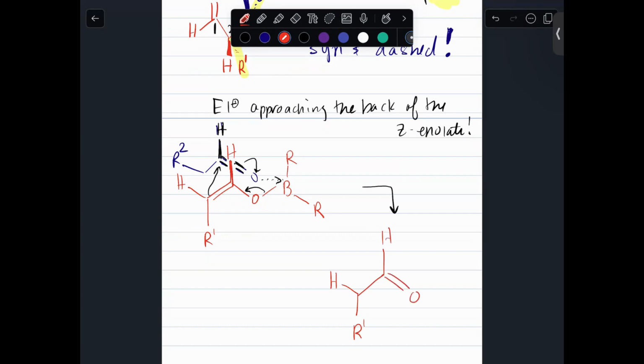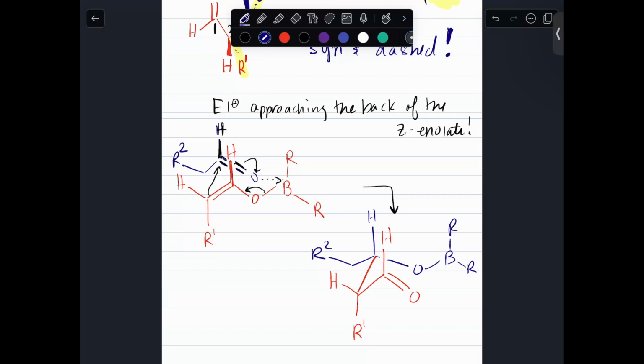Double bond now. And in the back, I've got my boron bonded to my oxygen.